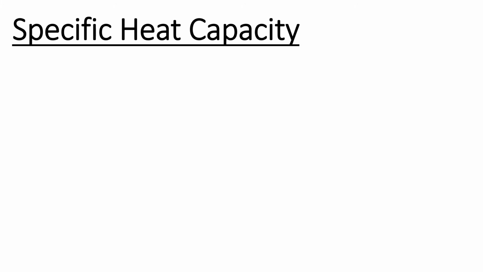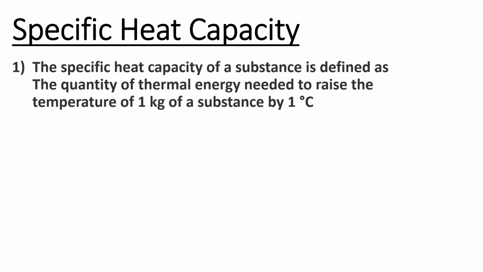Now we move on to specific heat capacity. The specific heat capacity of a substance is defined as the quantity of thermal energy needed to raise the temperature of 1 kilogram of a substance by 1 degree. In other words, how much energy you need to increase the temperature of 1 kilogram of a substance by a degree.